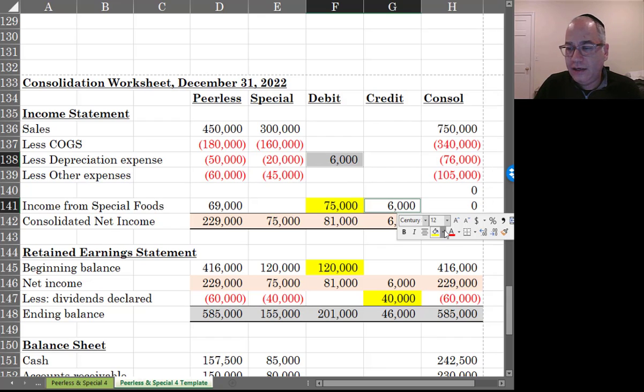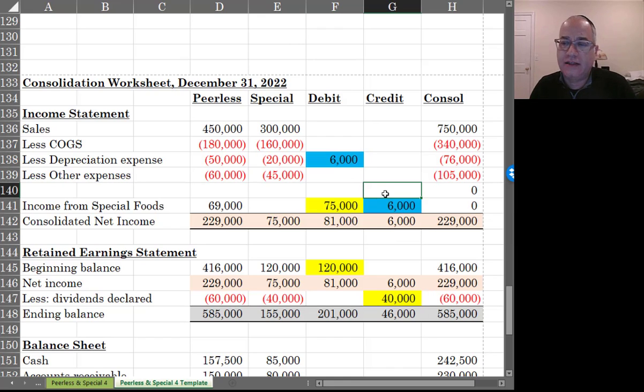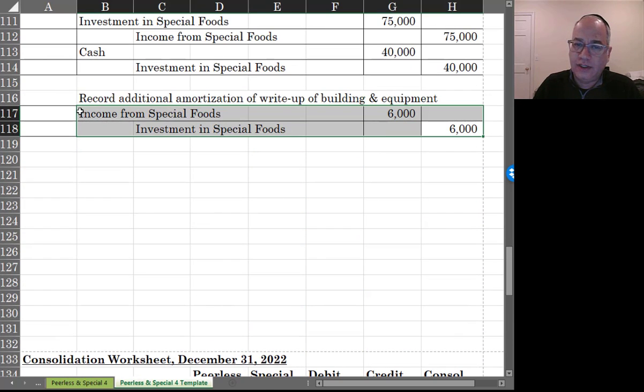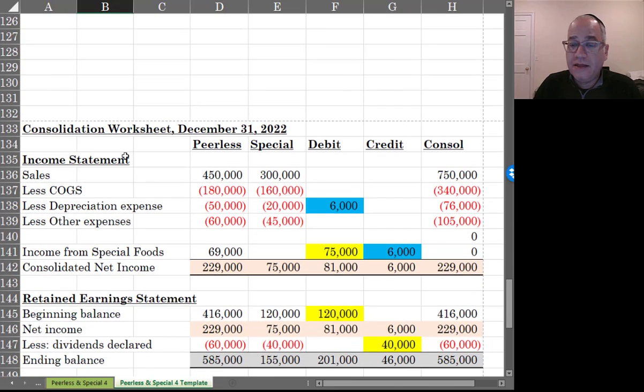And I look and see as you're doing work, it's always a good practice to see if everything makes sense. And consolidated net income of Peerless, if they're using the equity method properly and they're adjusting for it with these third entries here that I've been showing you, then reported income, consolidated net income on the books of Peerless is going to be equal to consolidated income on our spreadsheet.